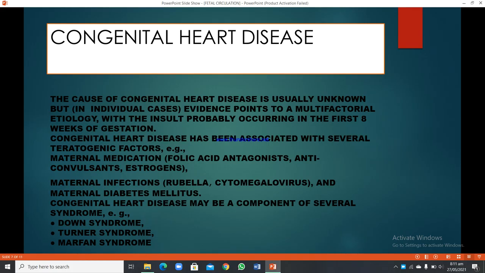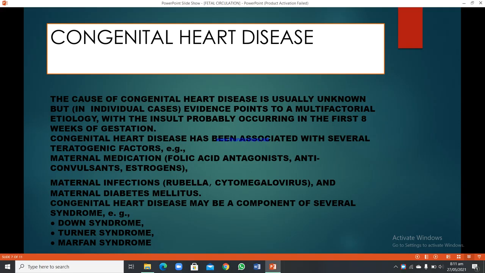Congenital heart diseases. The cause of congenital heart diseases is usually unknown, but in individual cases, evidence points to a multifactorial etiology, with the insult probably occurring in the first 8 weeks of gestation. So the first 8 weeks of gestation are very important in organogenesis.